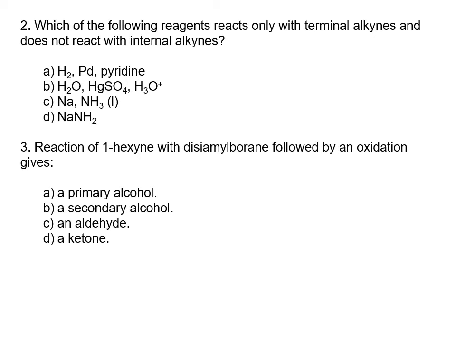C, sodium in liquid ammonia, that's dissolving metal reduction, and again both internal and terminal alkynes undergo dissolving metal reductions. In each of these 3 cases, we had a case where it was carbon-carbon triple bond that underwent reaction, and so both internal and terminal alkynes underwent reaction with those reagents.